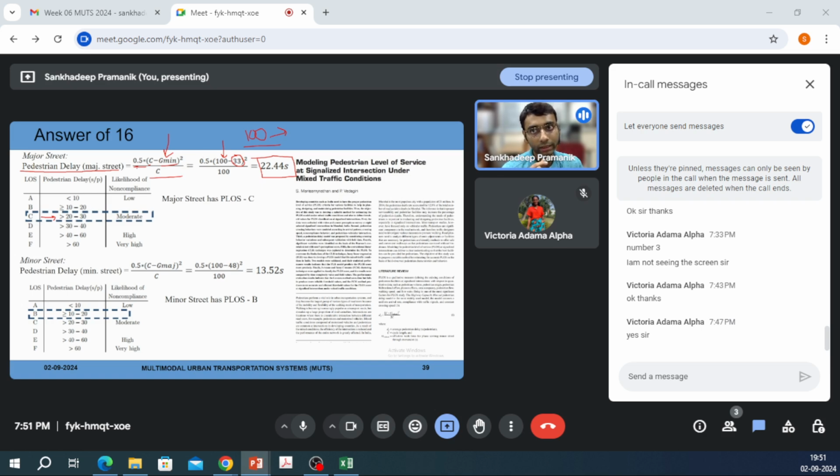So if you calculate corresponding to that, it will be 0.5 into (c minus g) by c, so 0.5 into (100 minus 33) by 100, that is for the major road. Similarly, if you calculate it for the minor street, it will be 100 minus 48, which is g for the major street, divided by 100, so it will be around 13.52 seconds.